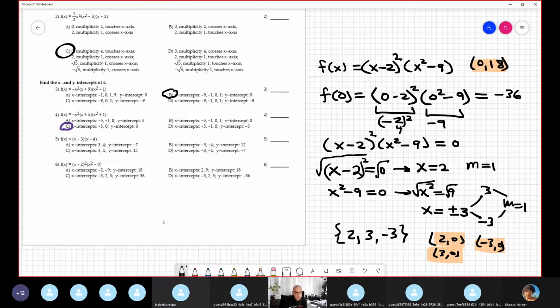So the answer is negative 36, positive 3, negative 3, and 2 as the X-intercepts. It's obvious, in my opinion, the option D. Yes or no? Is it okay or no? Yes. Any question?